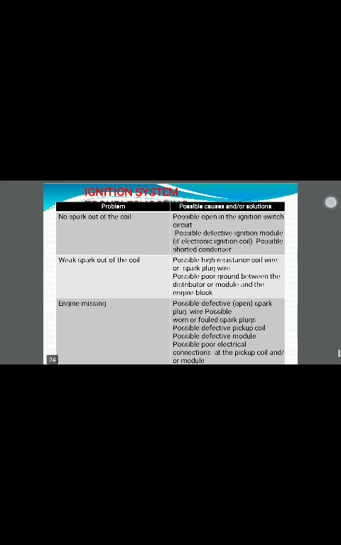Now, after discussing the basics of this ignition system, if some problems come up in your automobile, how do you diagnose and solve them, and what are the possible solutions? Let us look at some problems.